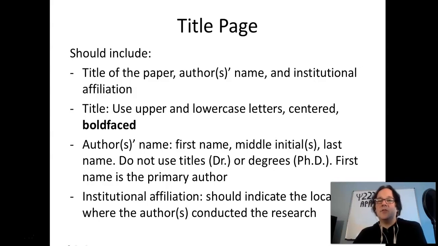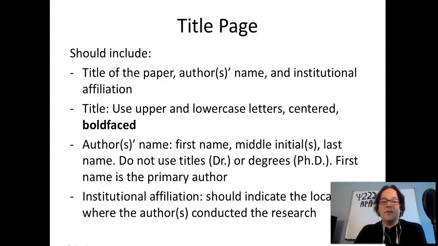And when we get to next week, to research ethics, we'll talk a little bit about how we determine who the primary author is. But typically it's the person who came up with the idea, or who put in the most work. Technically it's the person who did the most writing on the paper.